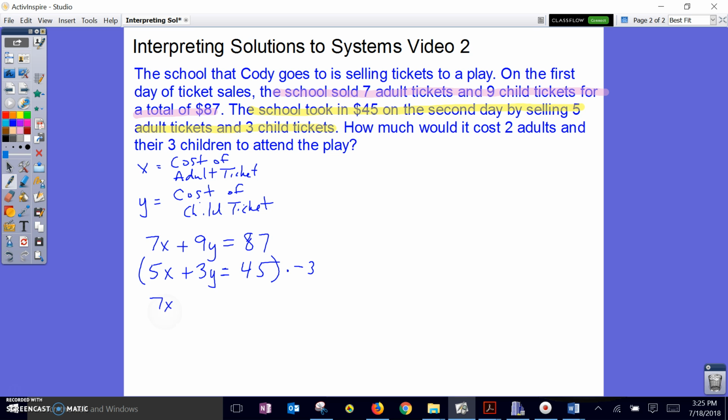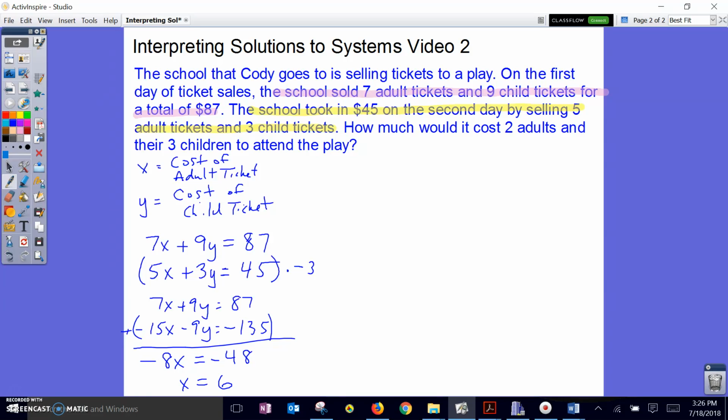So we've got 7x plus 9y equals 87. And when we multiply the second one by -3, we've got -15x minus 9y equals -135. I'll add those two together. So -8x equals -48. Divide both sides by -8. We get x equals 6.